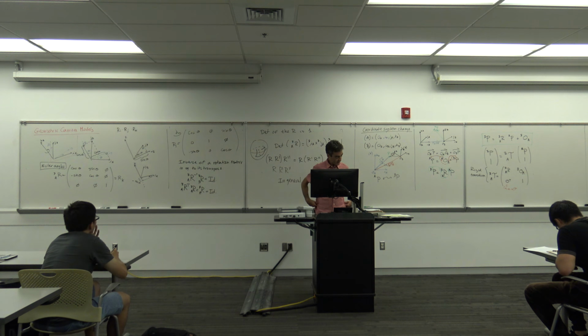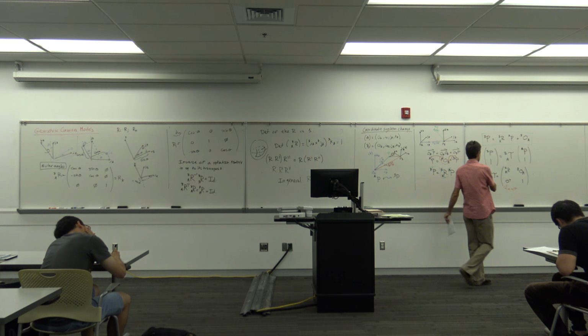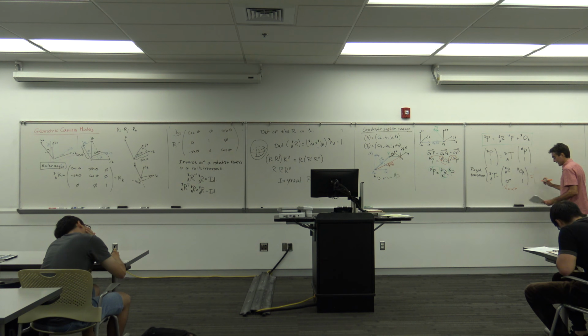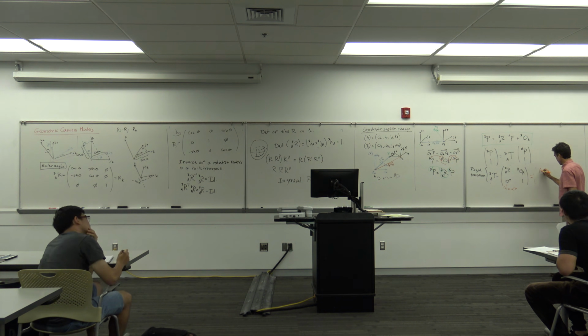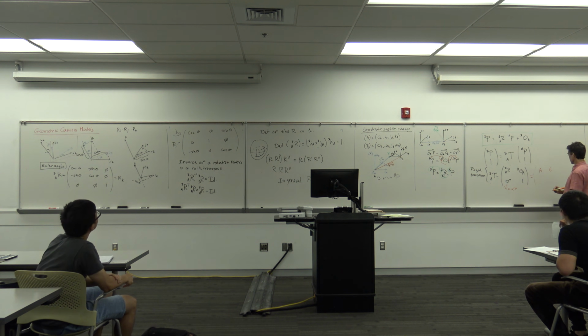Now, in a few lectures, we are going to generalize this matrix T that I have here as a matrix A, a translation vector T, a row vector of zeros, and a 1.